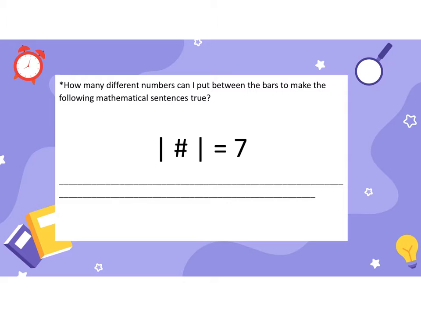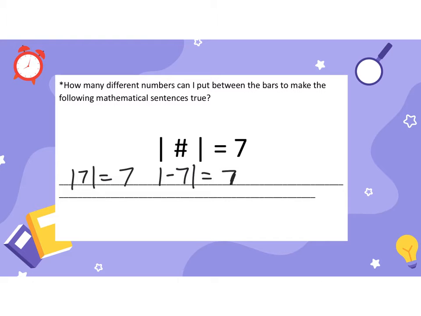How many different numbers can I put between the bars to make the following mathematical sentence true? So absolute value of what number equals 7? We know the obvious one would just be 7. Another obvious one would just be -7, right? If we make -7 positive, won't it always be +7?